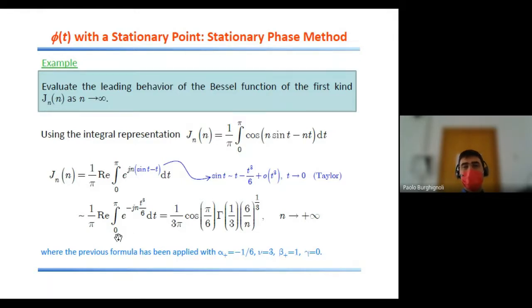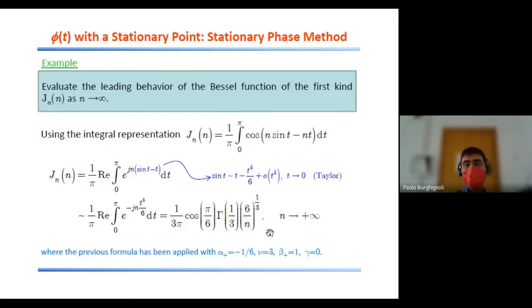So we evaluate only the contribution from the right neighborhood of the point 0. And this is the result, in which you can see the large parameter is here elevated to the power 1 over 3. This 3, of course, comes from the asymptotic behavior of the function phi in the neighborhood of the origin. Since it behaves like the third power of t in the neighborhood of the origin, this translates into the asymptotic behavior n to 1 over 3.